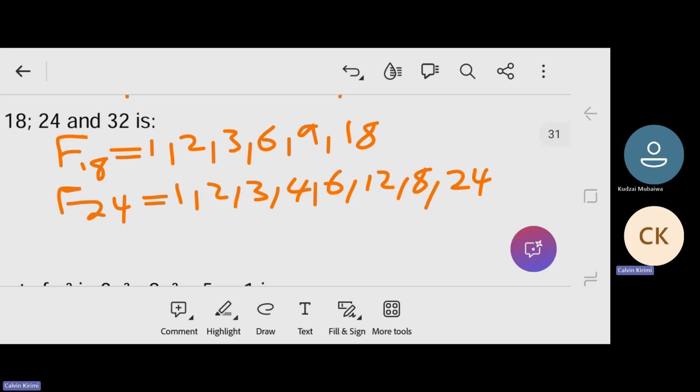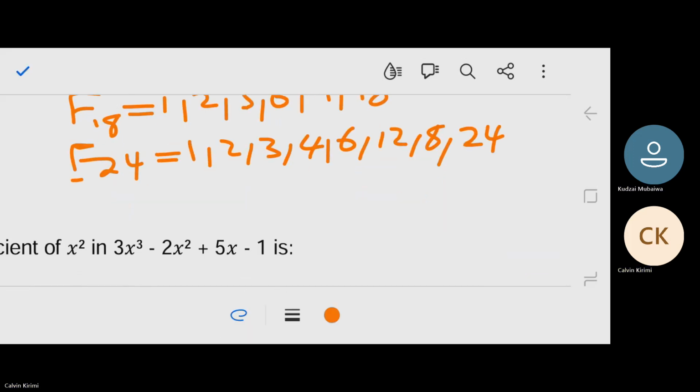Then let's go to factors of 32. It's 1, 2, 4, 8, and 16, and 32. 12 does not go into 32.